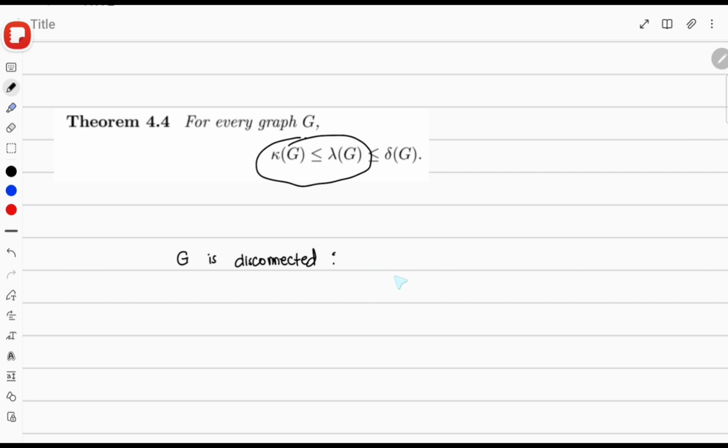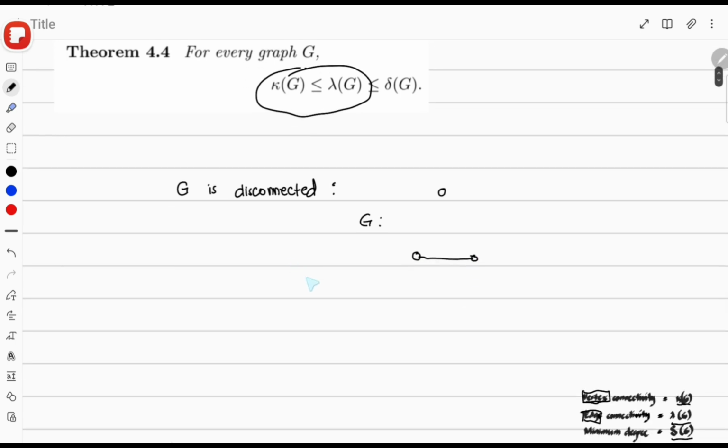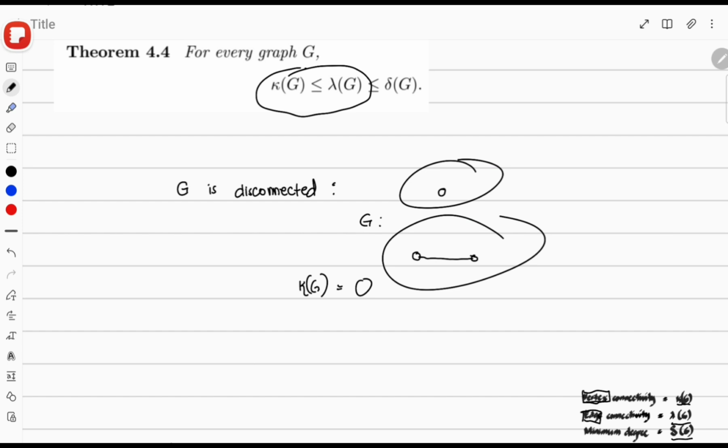Suppose we have this G. Our kappa of G is equal to 0 because the graph is already disconnected, and also our lambda of G is also 0, so we don't need to remove any edge to disconnect the graph, given that the graph is already disconnected.